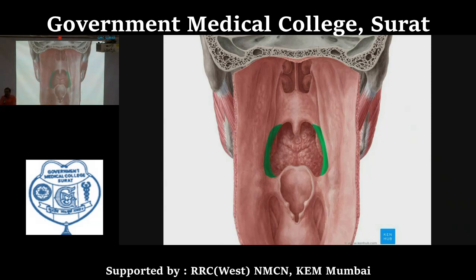Sometimes the instrument that is passed to remove that foreign body can damage the internal laryngeal nerve. This is very important, with consequent hemianesthesia of the supraglottic part of the larynx. Recall, when the internal laryngeal nerve gets damaged, that can lead to hemianesthesia of the supraglottic part of the laryngeal mucosa.